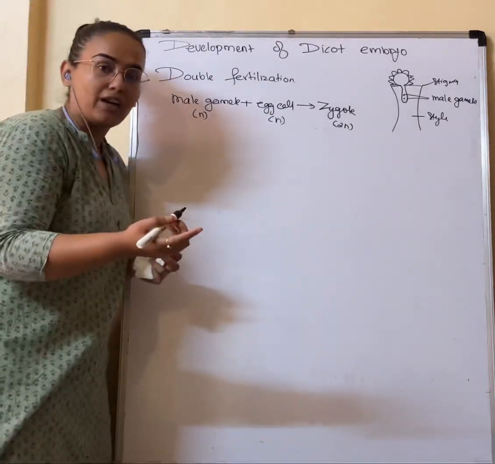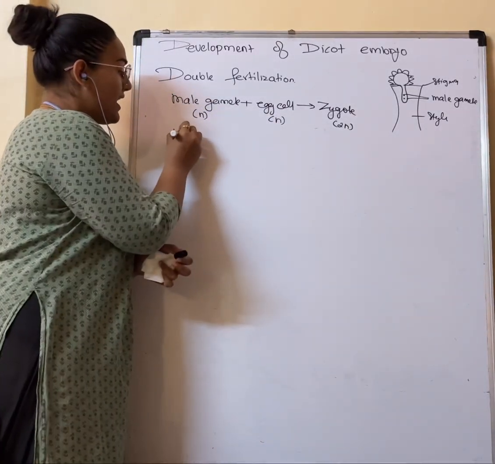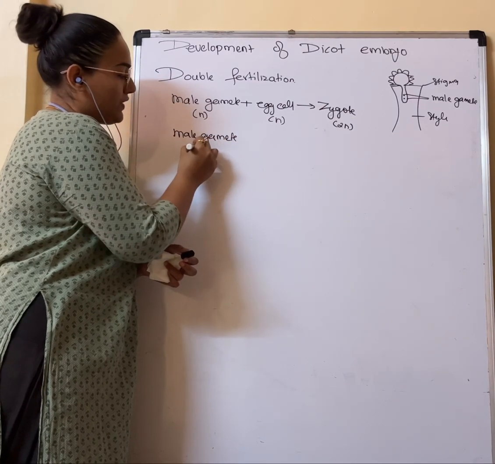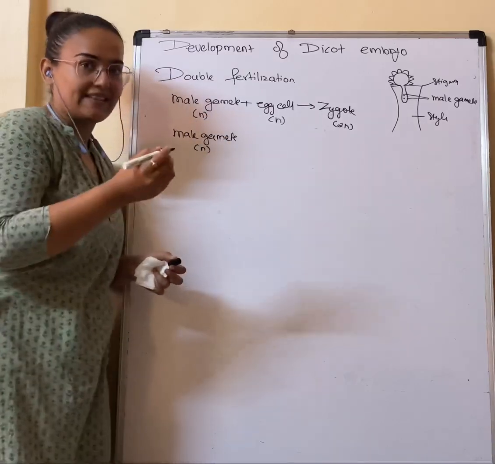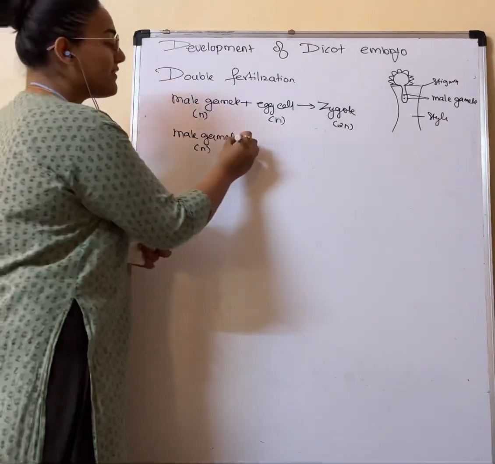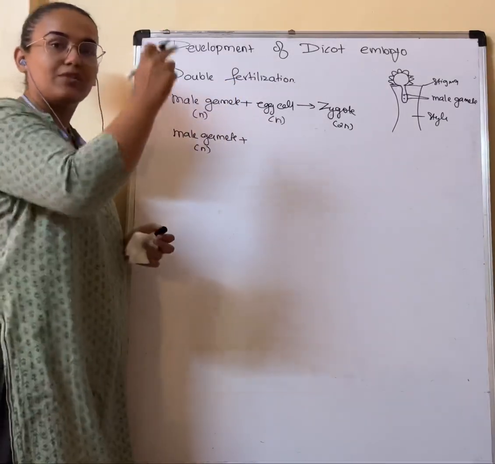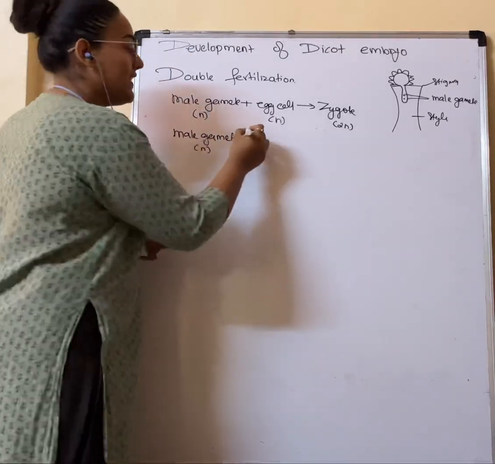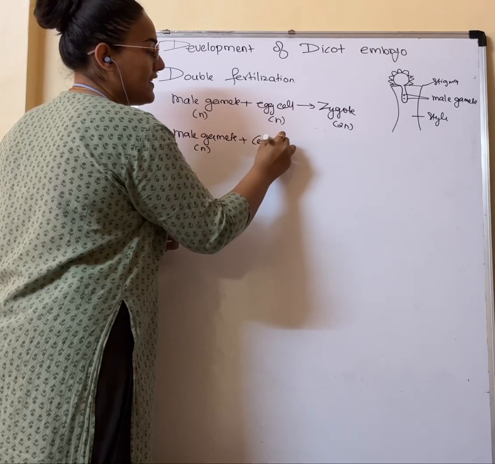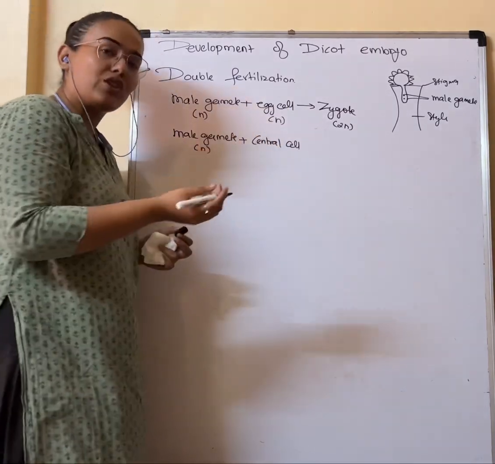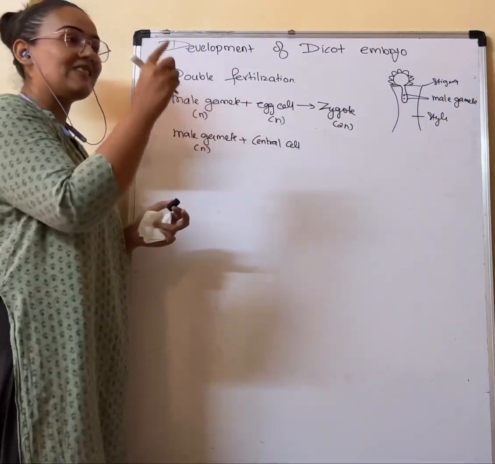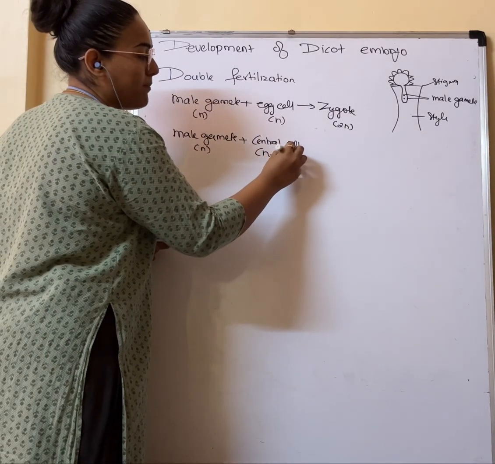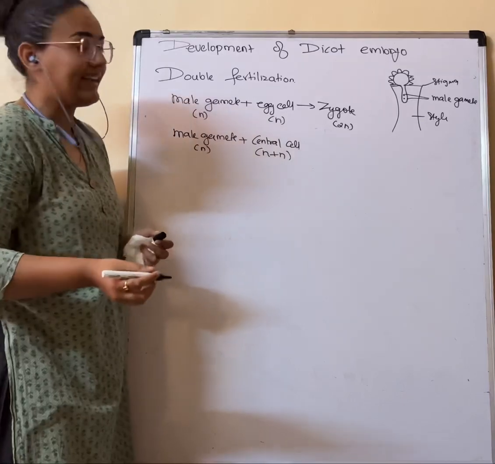Now the second part is the other male gamete, which is n, that is haploid in condition, and it fuses with the cell present in the center of the embryonic sac, called the central cell. What is special about the central cell is that it has two nuclei, therefore the condition becomes n plus n, a dikaryon condition.